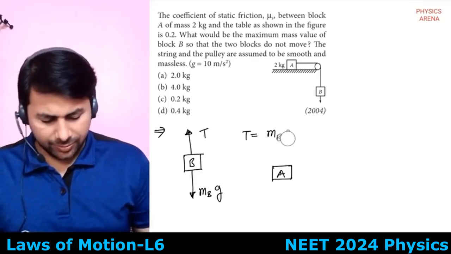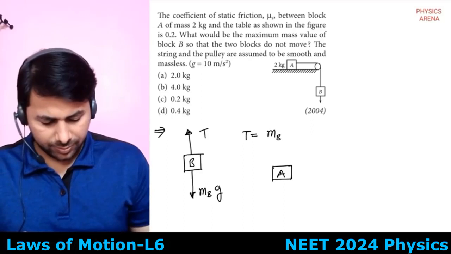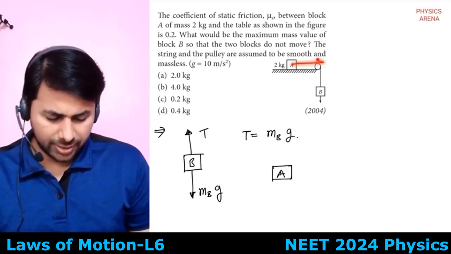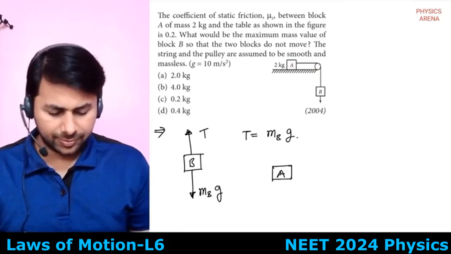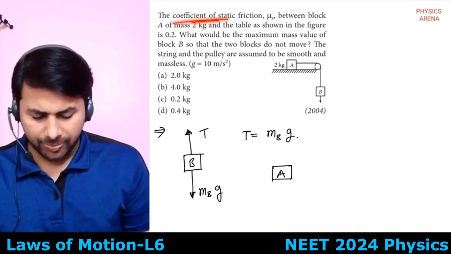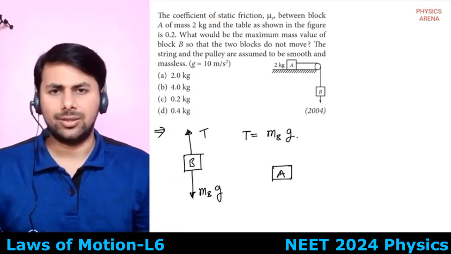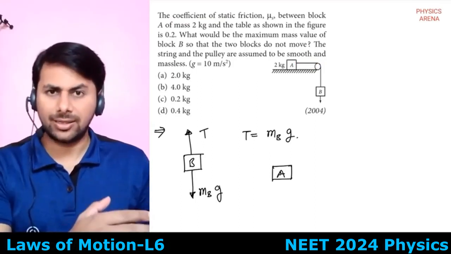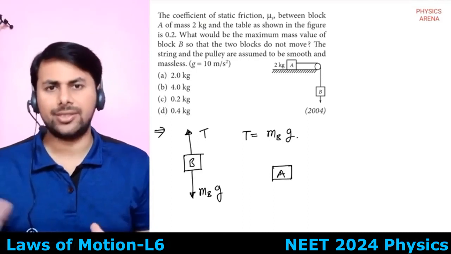What about A now? For A, there is some force acting on this side, and the coefficient of static friction is given. That means this force will try to move it towards the right, but it's given that it is steady.